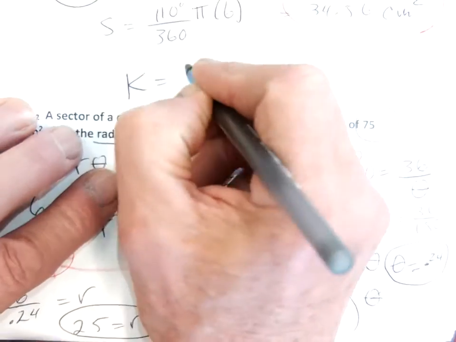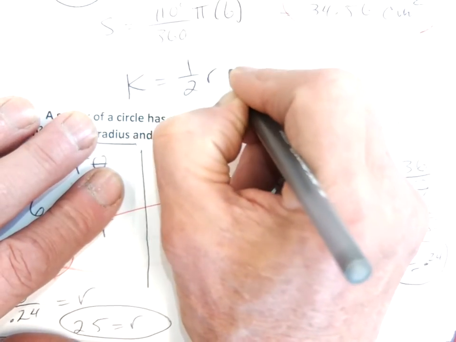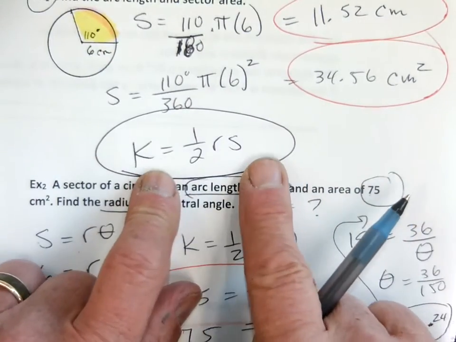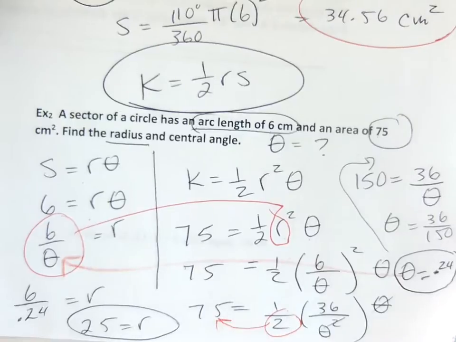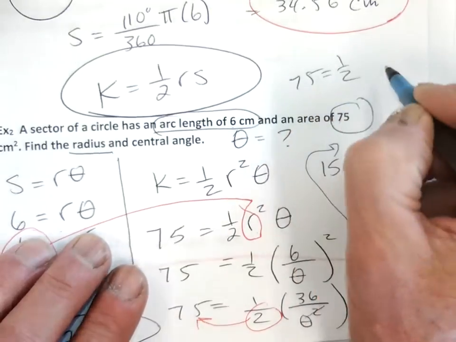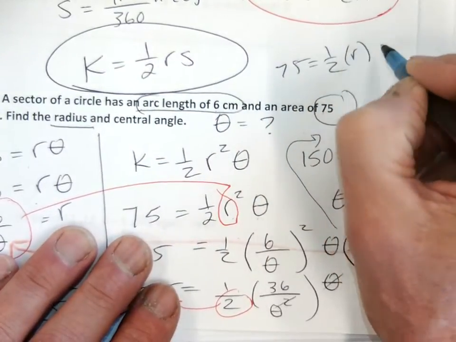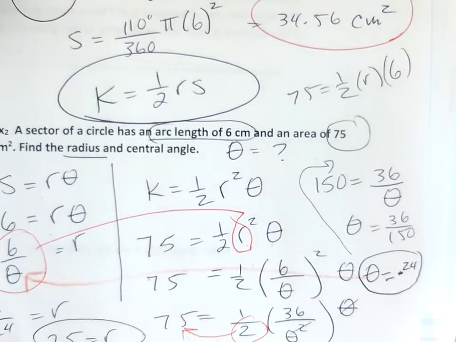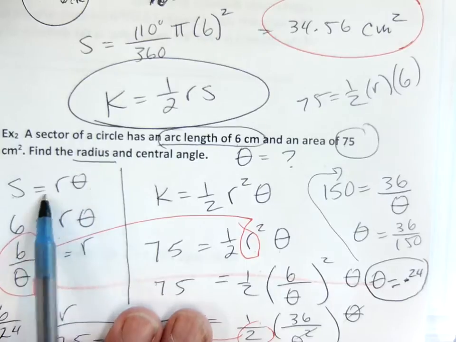K can also equal 1/2 R times S. I put it in the middle because you don't need to know the angle. That would have made this problem a lot easier, because then you could have gone 75 equals 1/2 times R times the arc length, 6, and you get the radius pretty easily. Then once you get the radius, you can get theta using that formula. It would have been much easier.